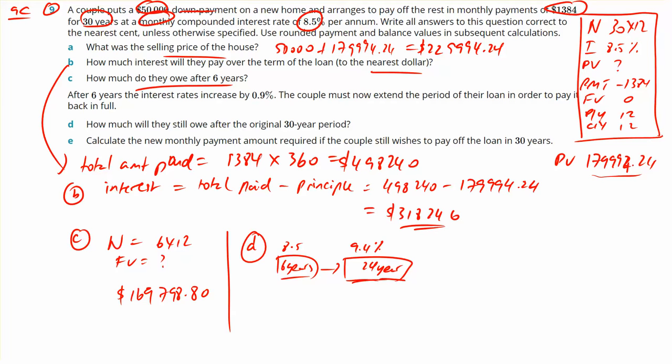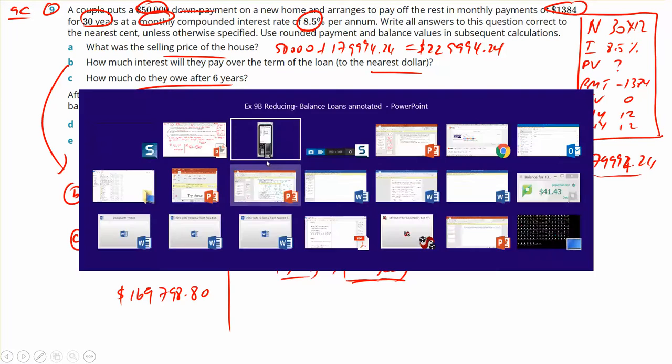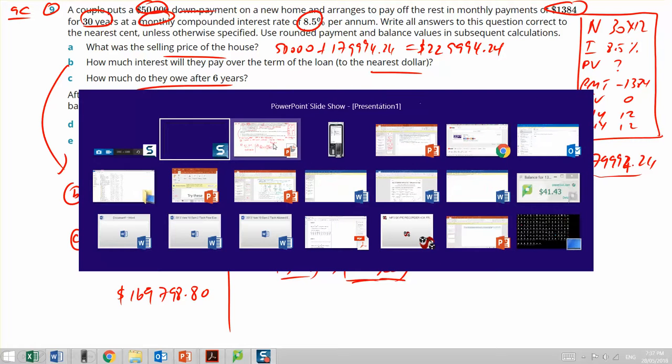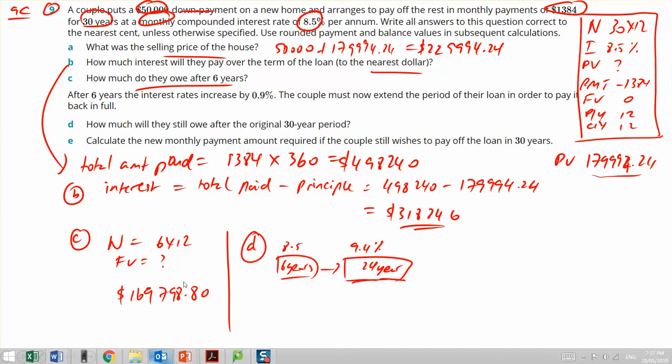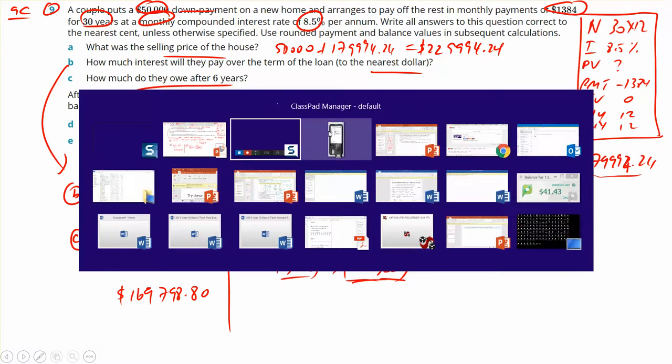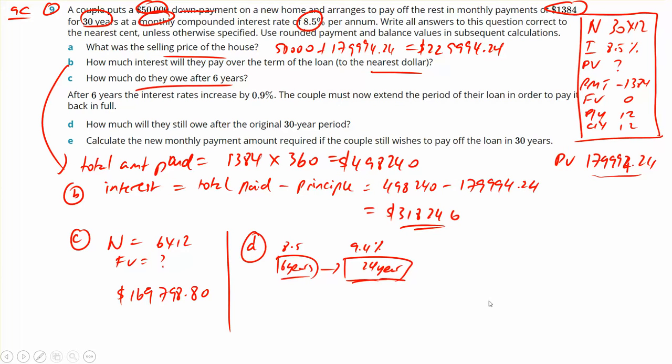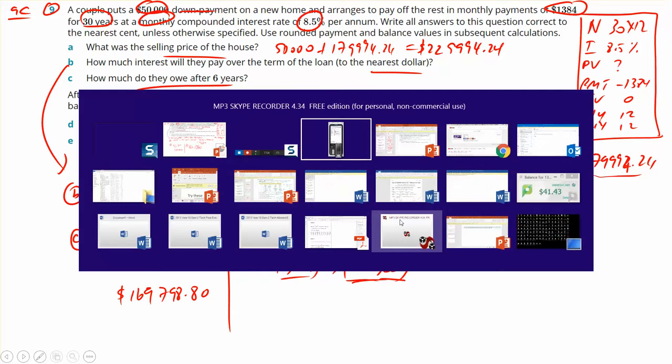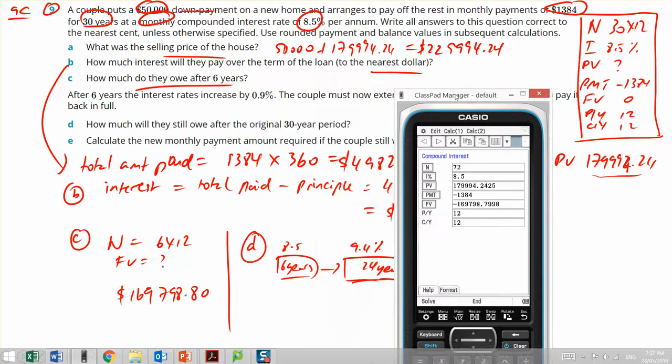Okay, because of the interest hike, if they pay the amount of 1384, they're still going to owe money after 30 years. So let's figure out how much they owe. This is what we do.